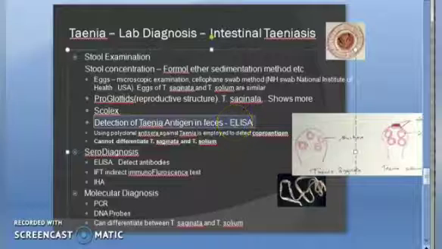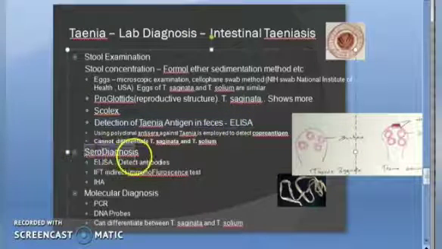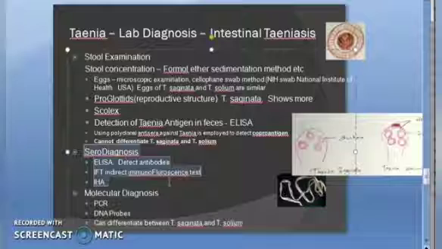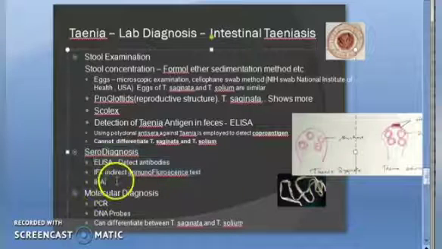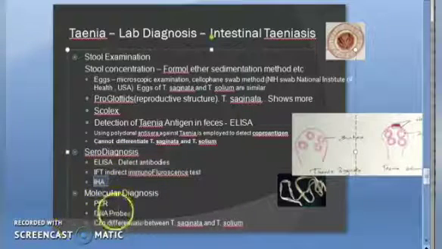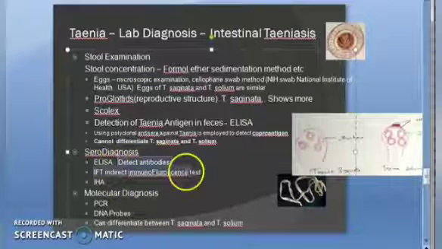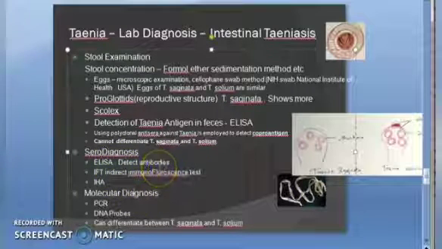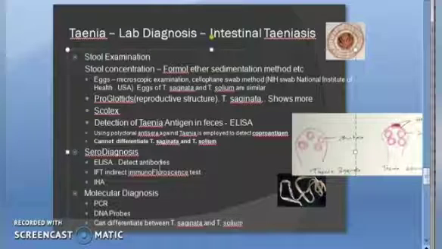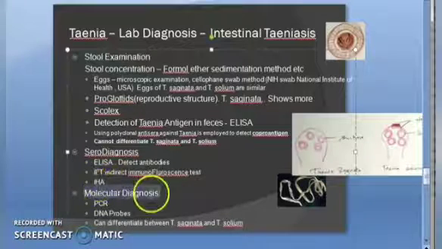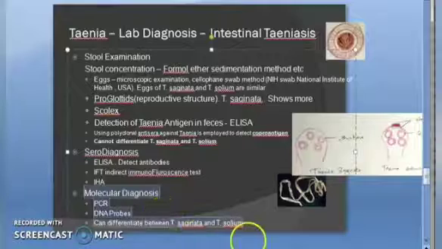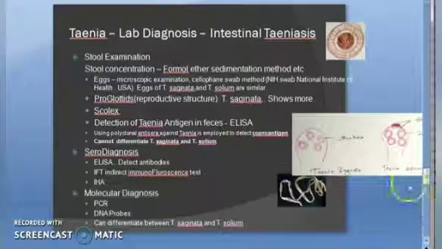You will detect the antigen. Serodiagnosis: ELISA, IFT, IHA, that is hemagglutination, right? IFT is indirect immunofluorescence test. Then you will detect the antibodies to cysticercosis. Then molecular diagnosis, PCR, DNA probes, you cannot differentiate.